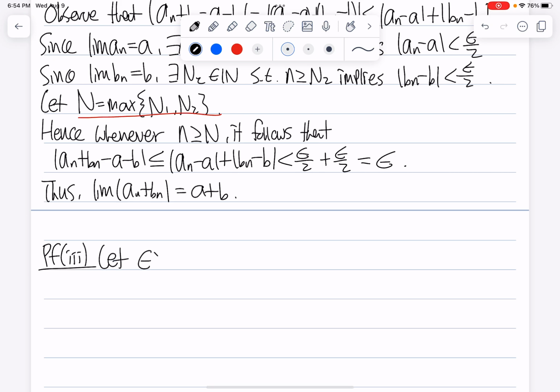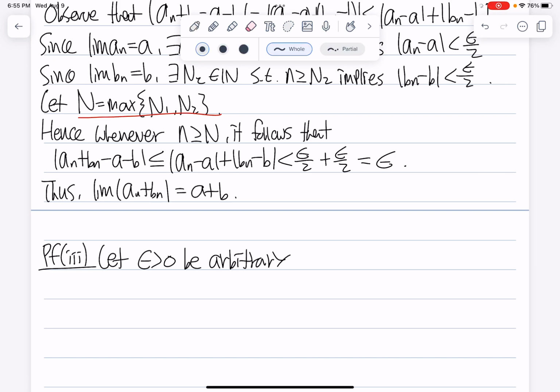Let epsilon greater than 0 be arbitrary. I'll just write up here what we want to show. We want to show that the limit of an bn equals ab. Alright. Let epsilon greater than 0 be arbitrary.